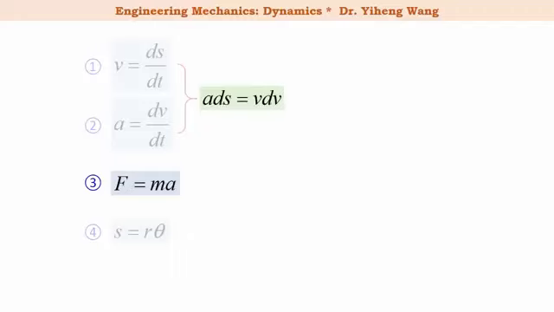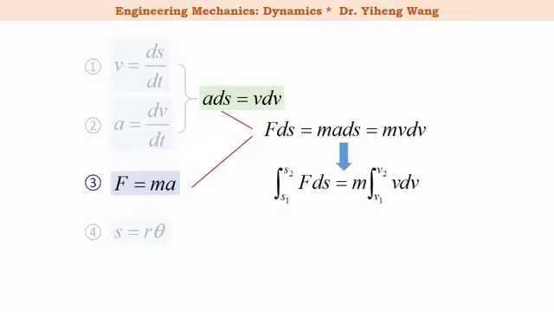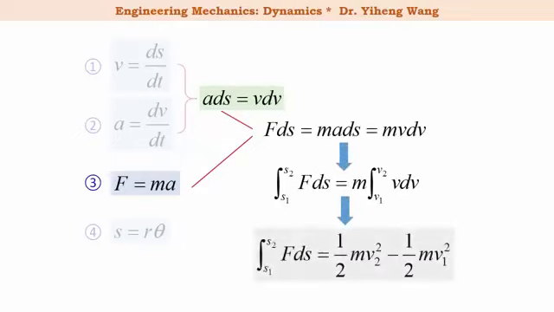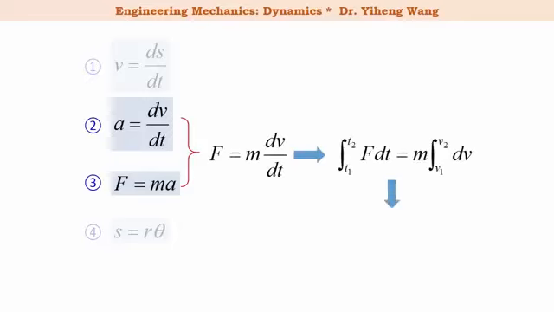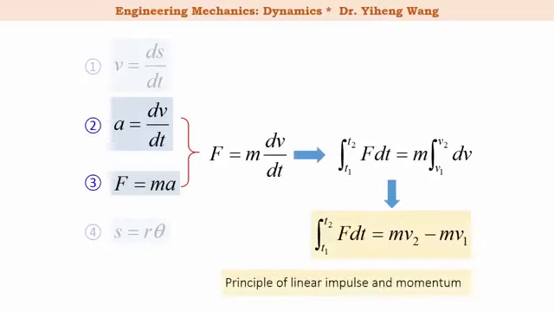If you take this newly derived equation, combine it with Newton's second law, integrate, you will get this equation, which is the principle of work and energy. If you combine these two and then integrate, you can get this equation, which is the principle of linear impulse and momentum.